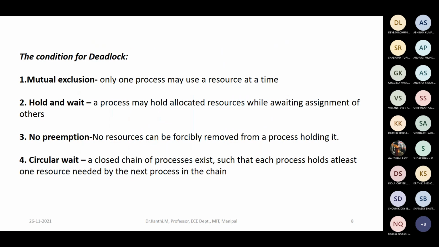So there are different conditions for deadlock. In mutual exclusion, which you have already seen, only one process can use the resource at a time. If it holds, means it locks, till it unlocks, the other process cannot make use of it. Hold and wait: a process may hold allocated resources while waiting for assignment of others.